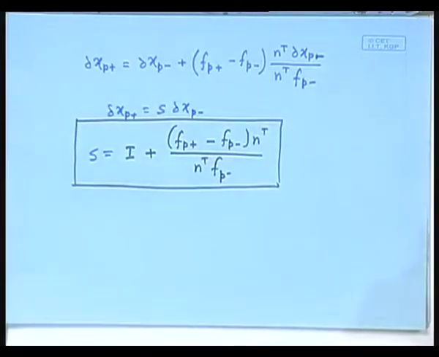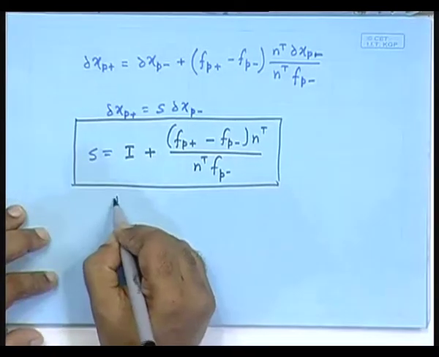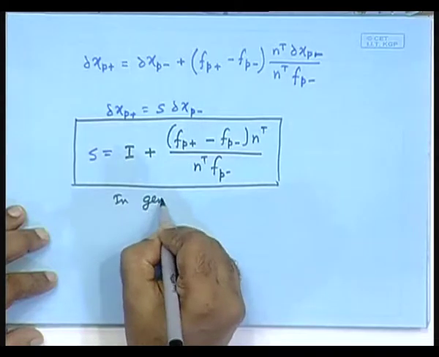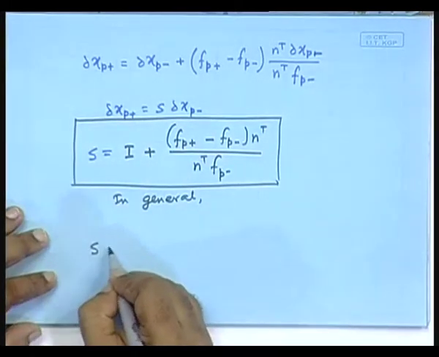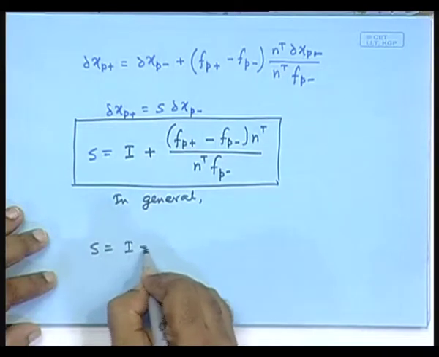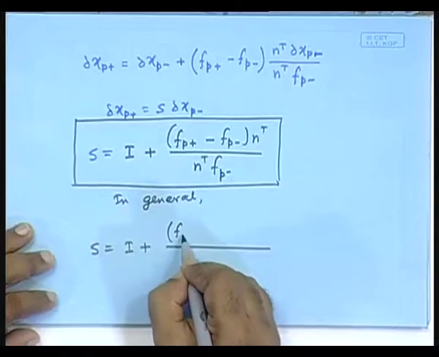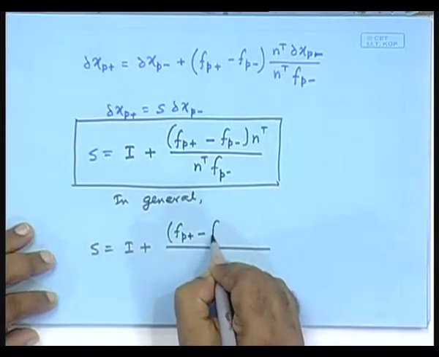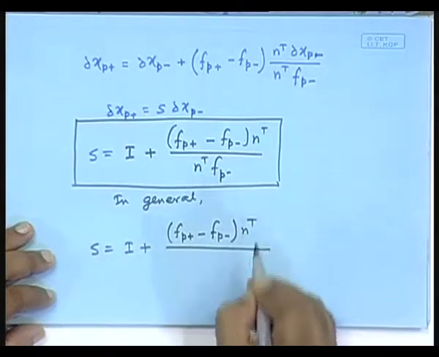In that case, the expression will turn out to be, in general, I plus the numerator remains the same, f p plus minus f p minus n transpose.